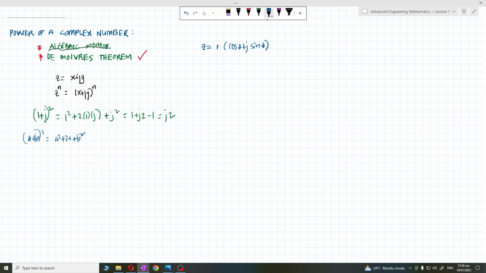We want the power of z, let's say that is integer n. So similarly, both quantities must be raised to n. If we use polar form, that is r cis of theta, raised to n.